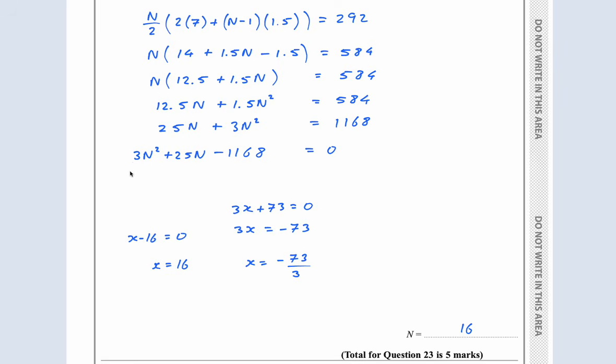So these are the factors. x minus 16 times 3x plus 73 equals 0. So that's fine.